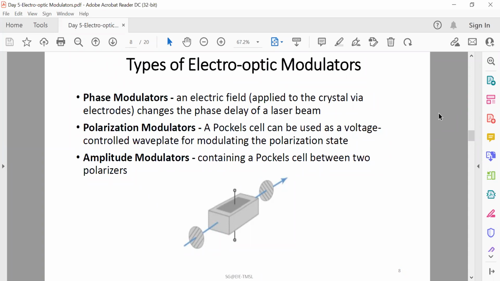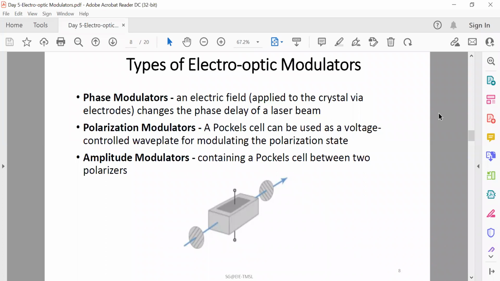And amplitude modulators are combined with other optical elements, in particular polarizers and analyzers. Here also the Pockels cells are used to perform the modulation.